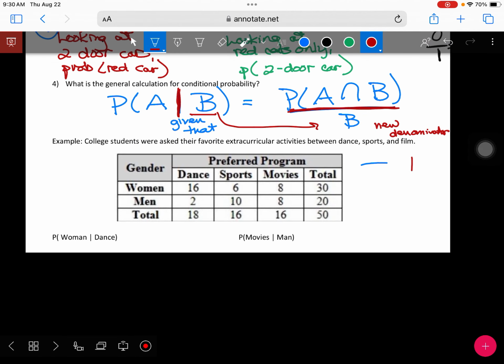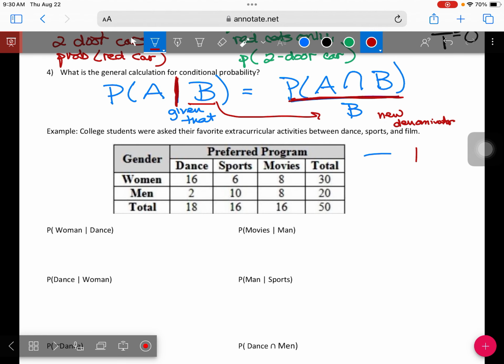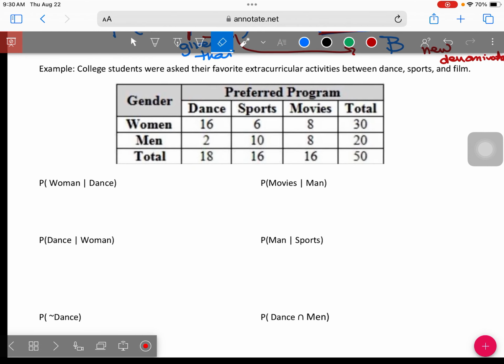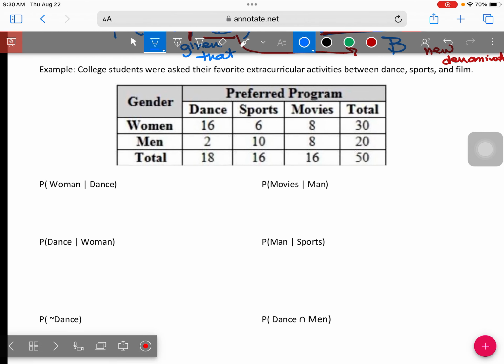So let's see this in practice. And remember, when we have A and B, it's where they intersect, right? Okay. So let's erase these. All right. So this is a conditional. We have this given. So my dance here, here's my vertical line.